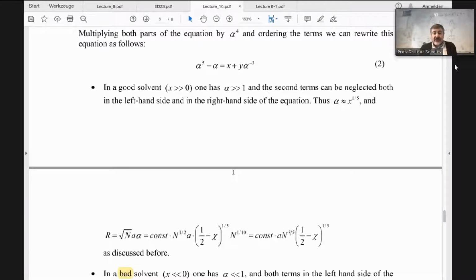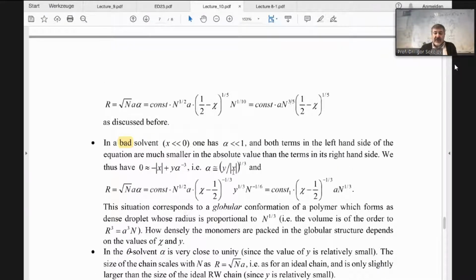And then R is of the order of R0. The chain behaves as an ideal chain.